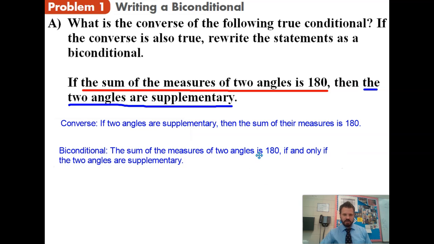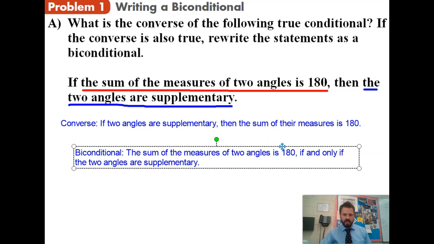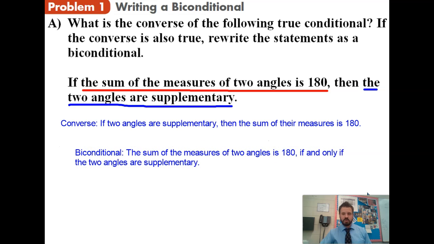That's the idea behind the biconditional, and the whole point is that it combines the original conditional and the converse into a single statement. When I say the biconditional, I get both statements at the same time. Bi means two conditionals at once.